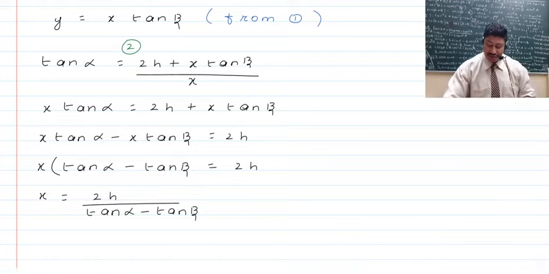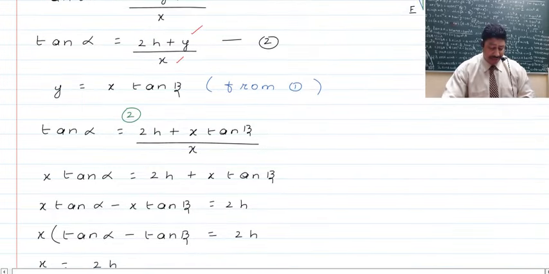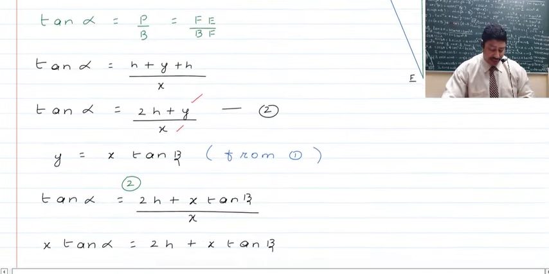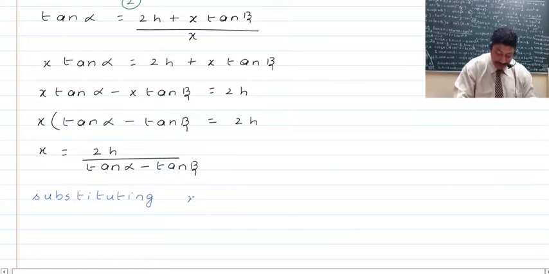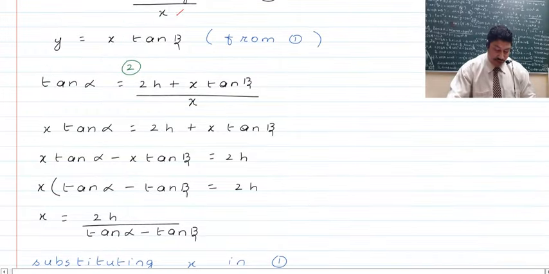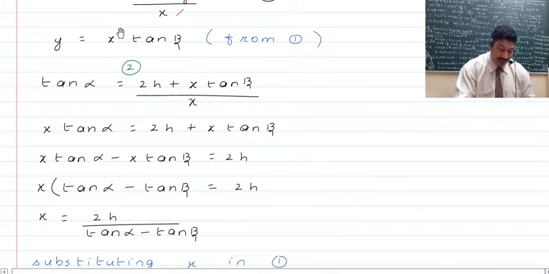Now after this, children, as we have the value of x now, we are going to substitute this value in equation number 1 to get the value of y, right? So further we will write the statement substituting x in equation number 1, right? And when we do so, we have the value of y equal to x tan beta, remember? So in that we will substitute, which is actually equation number 1.